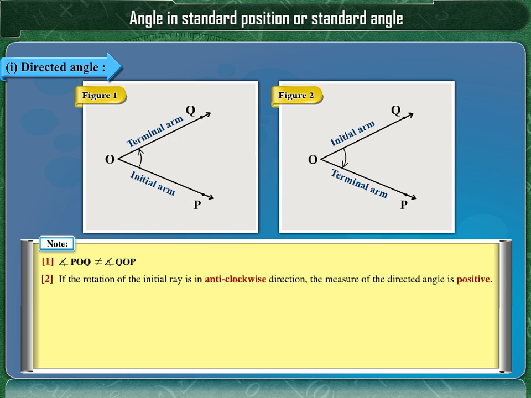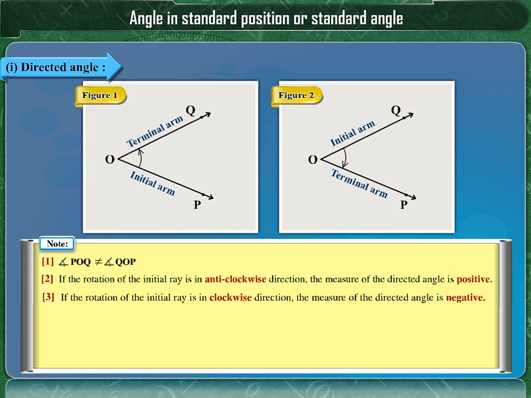If the rotation of the initial ray is in the anti-clockwise direction, then the measure of the directed angle is positive. If the rotation of the initial ray is in clockwise direction, then the measure of the directed angle is negative.